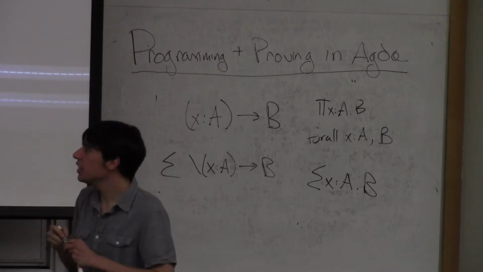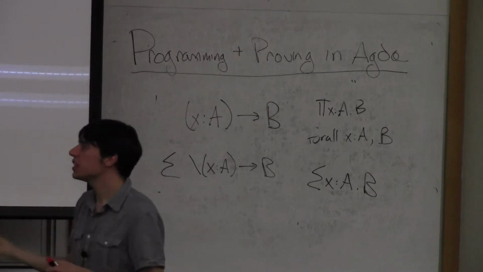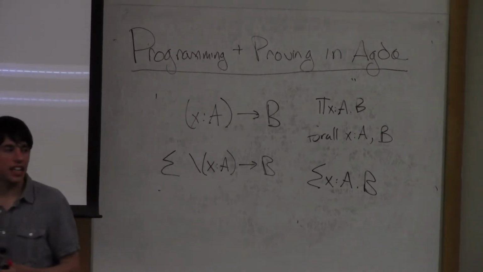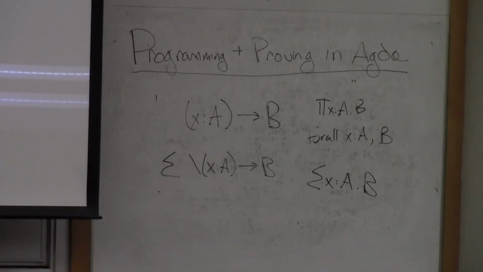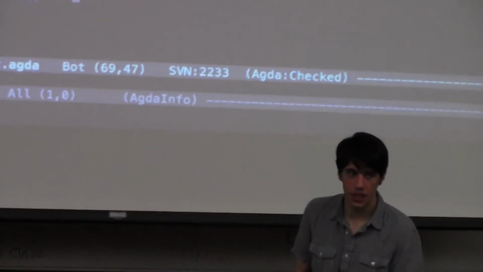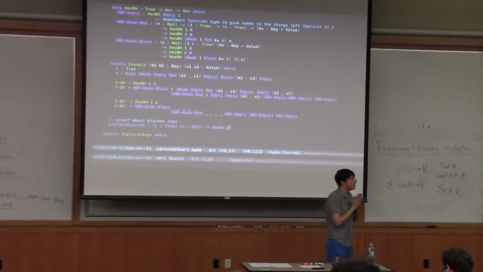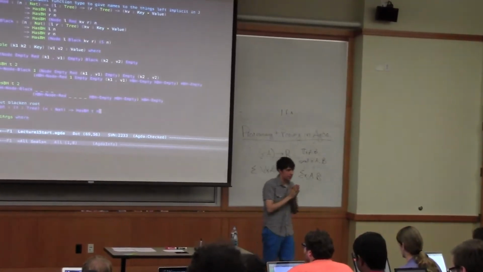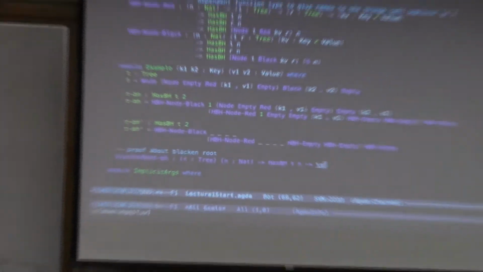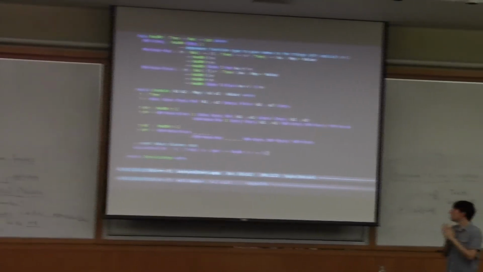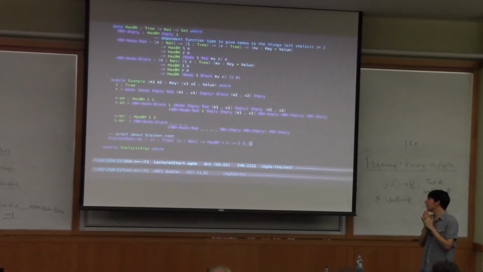Okay, so black and root BH is going to be a theorem that says, give me any tree t and any n, which is a natural number. If t has black height n, then there exists some natural number m such that black and root of t has black height m.